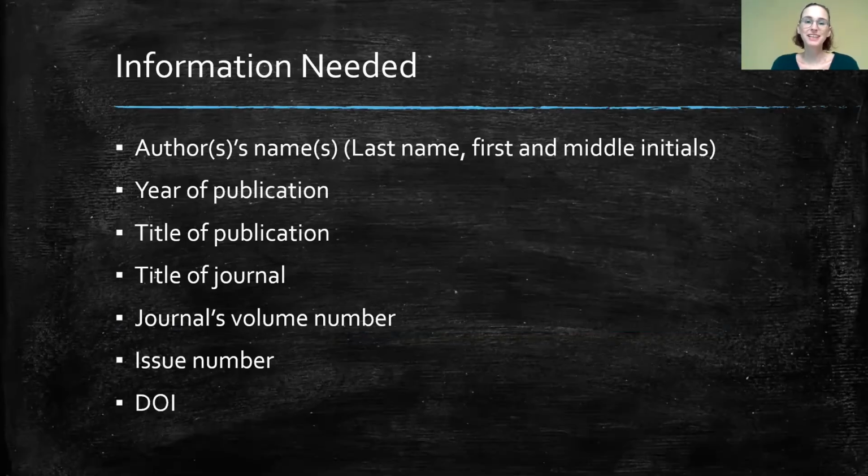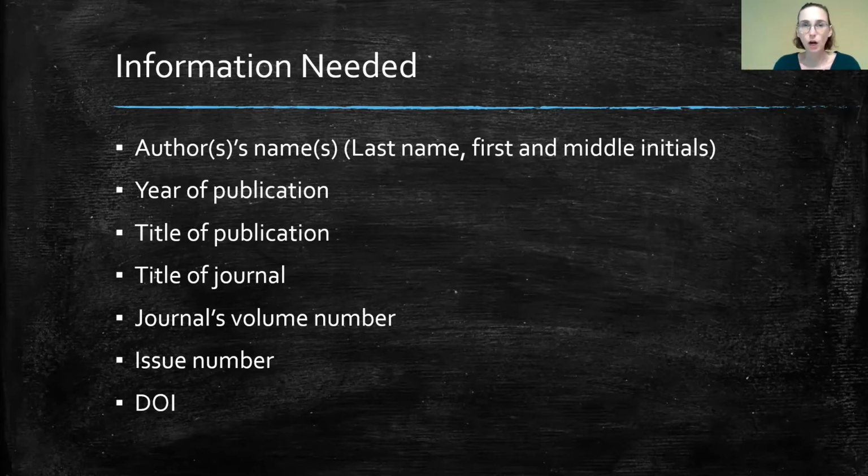First of all, let's talk about the information that is needed when you're creating an APA reference for an academic article. In general, it looks a lot like our general basic APA style reference with just a little bit more information. Okay, so the first thing that you're going to have is the author's names. So in a lot of academic articles, there's going to be more than one author, which is why I include the author's names.